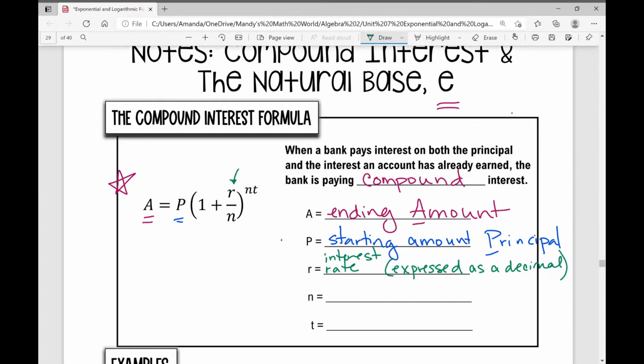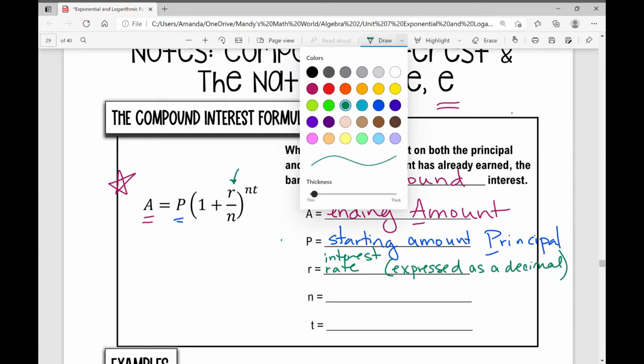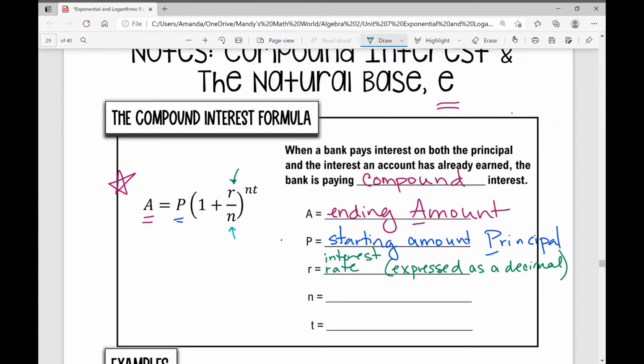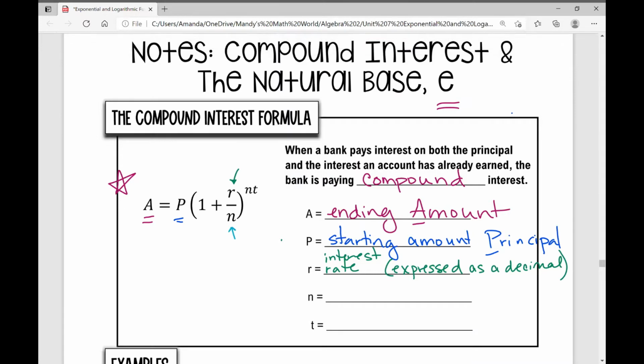That's how we convert a percent to a decimal. So that's your interest rate, and then we've got another variable in there, and that's N. What does N represent? That's the number of times your interest is calculated per year, or compounded. So if it's compounded annually, N would be 1, right?